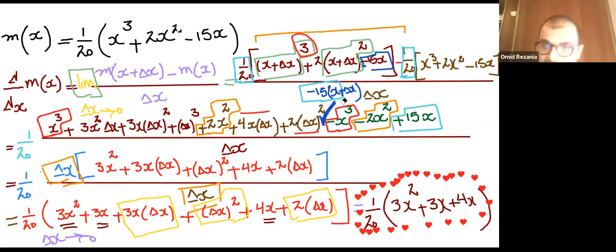Sorry guys, I just made a mistake with one term which I missed, and I screwed all those terms then. Let me correct this one. When you put minus 15x plus delta x, you have two terms, minus 15x, which cancels plus this 15x, and you get also what?